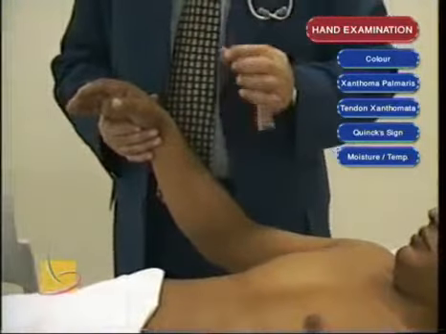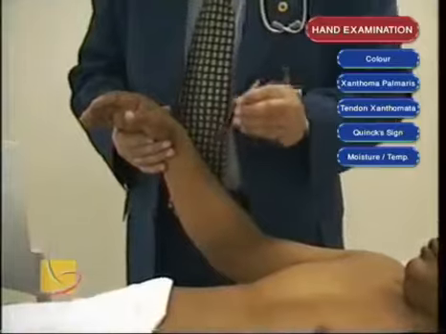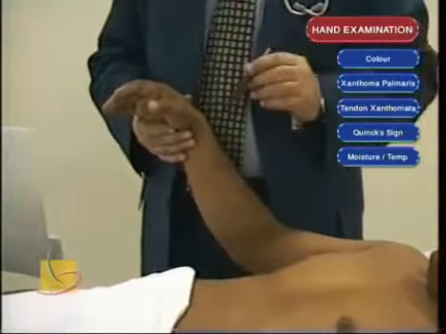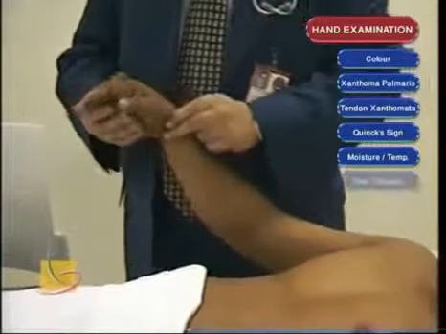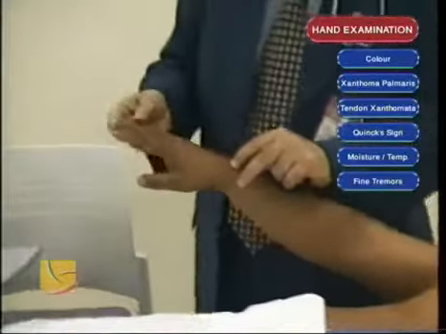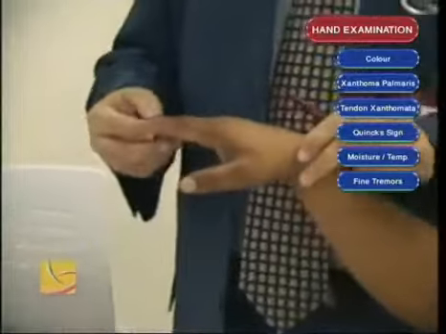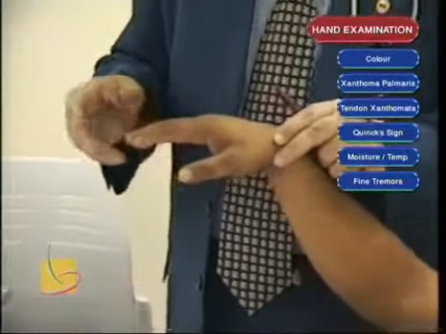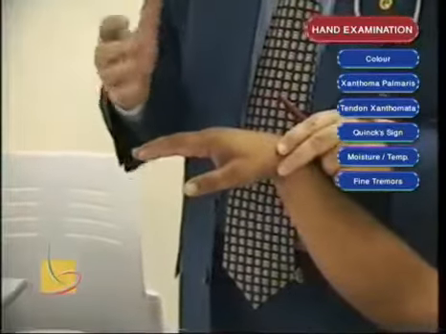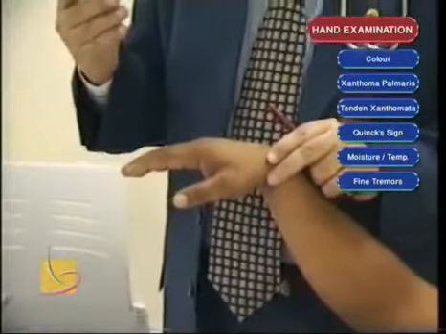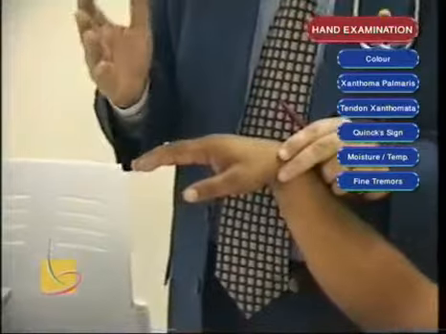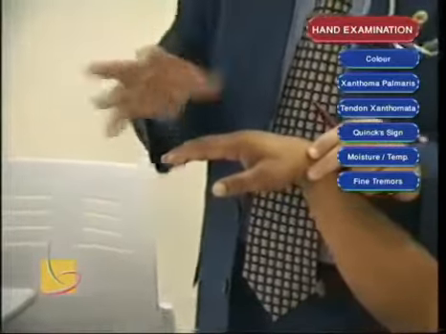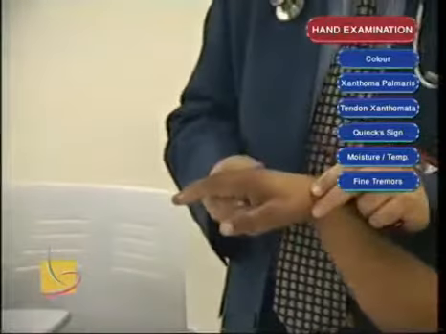The only 2 points which are remaining here in the hand examination are tremors. And we have 2 types of tremors. The fine tremors in cases of thyrotoxicosis and drug use, like bronchial asthma drugs such as theophylline and sympathomimetic drugs, which are beta-2 agonists, will cause some fine tremors in some patients.